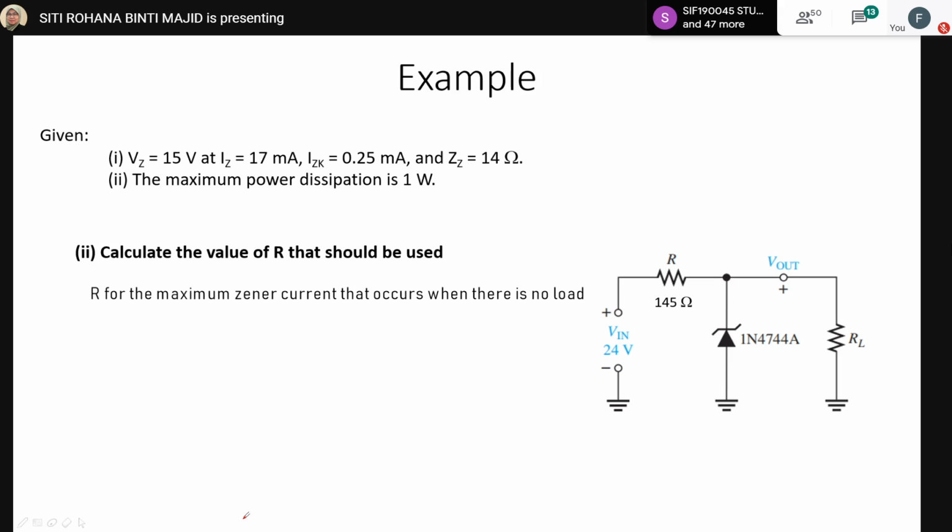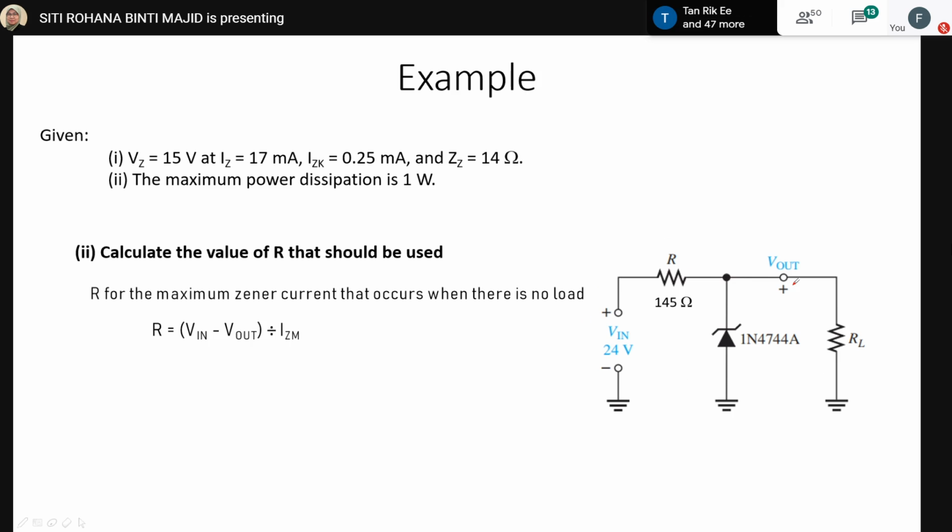When we want to know the value of R that we should use, that means we calculate R for the maximum Zener current that occurs when there is no load. That means we remove the load from the circuit. Don't consider the load, because we also do not know the value of the load.